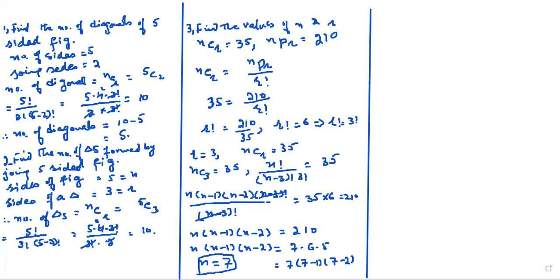We have to write the sample space, which we call S, for tossing a coin 3 times.